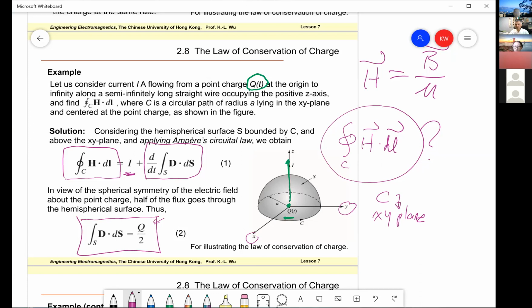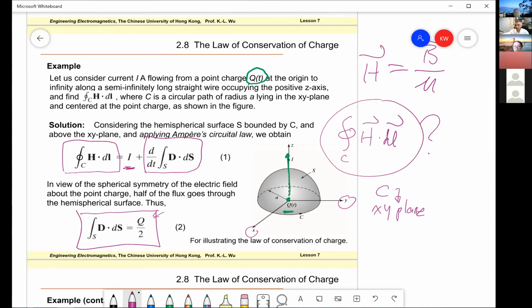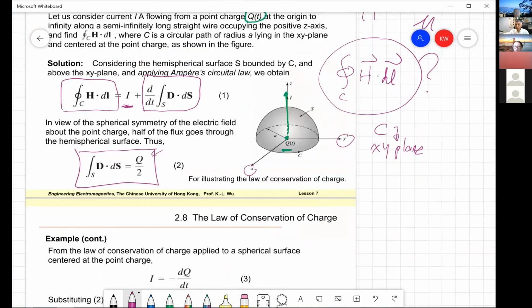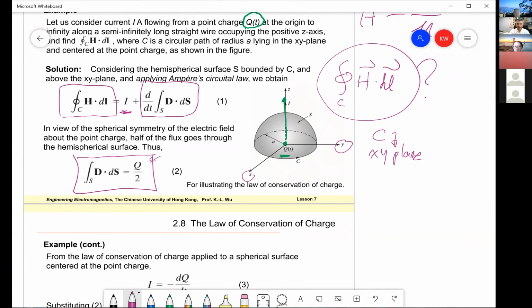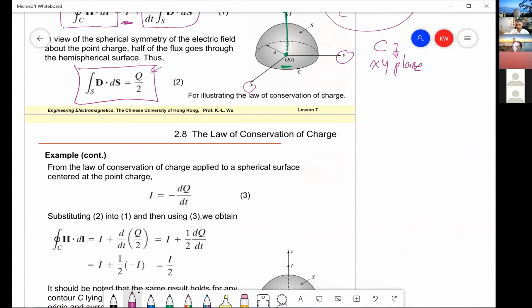If we can use this relation, we need to relate the flux of D to the current going out. Earlier we mentioned we know the total current created by the change of the Q. That is the conservation of charge.